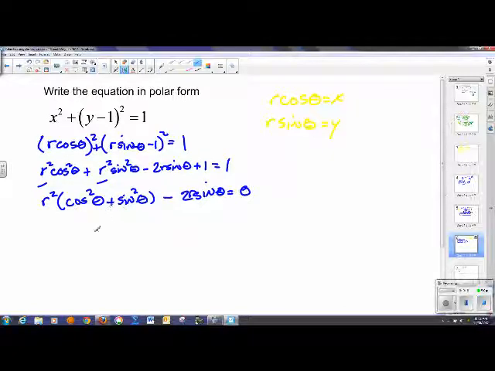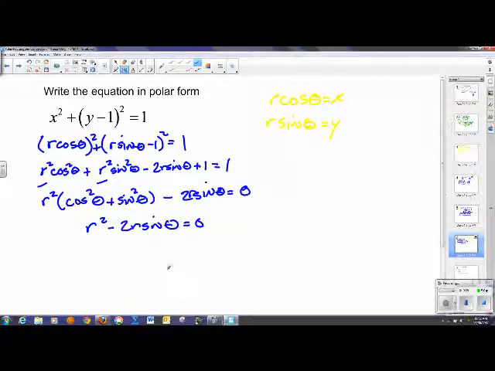Sine squared plus cosine squared we know is 1, so I'm left with r squared minus 2r sine theta is equal to 0.